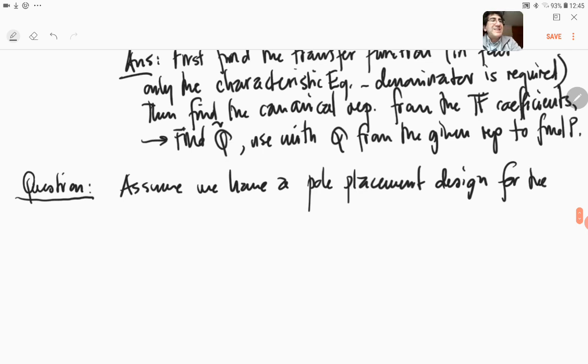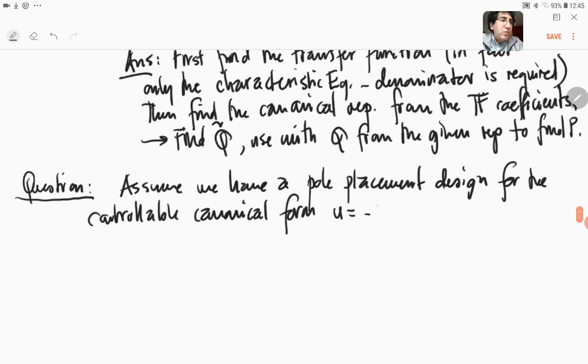Remember, this was much easier for the controllable canonical form. Let's say that this is given by u is equal to minus K tilde times x. So x is the state definition for the controllable canonical form, and from the canonical form it's much easier to find the gain matrix K tilde.